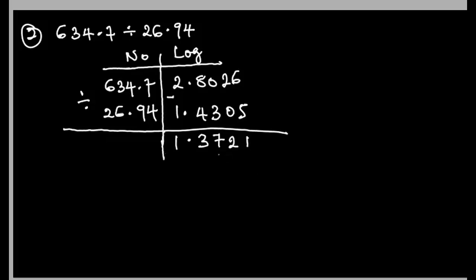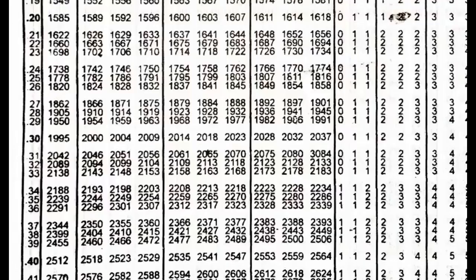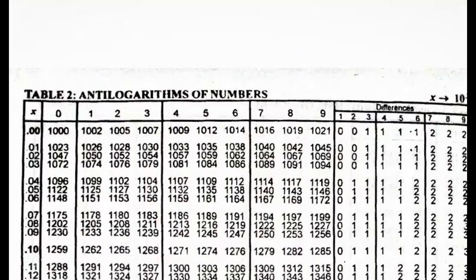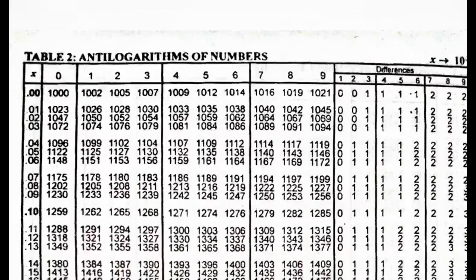Now let's find the antilog. We find the antilog of 0.37 now. So under the antilog of numbers, let's look for 0.37 under 2 difference 1.